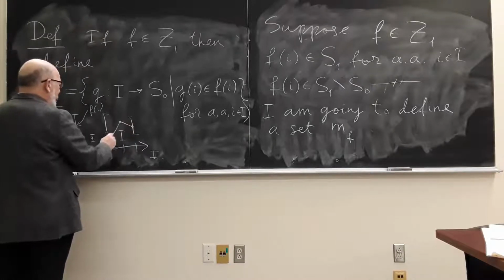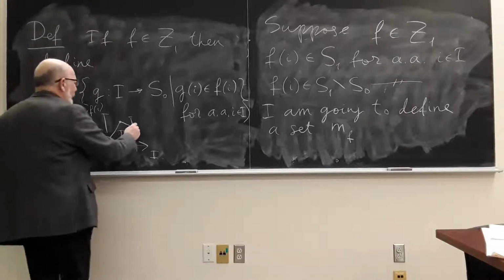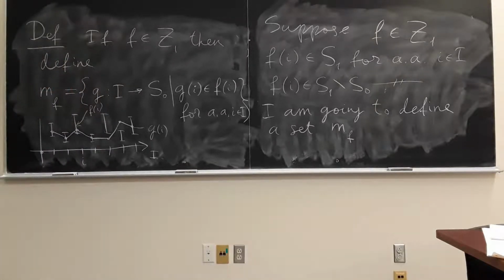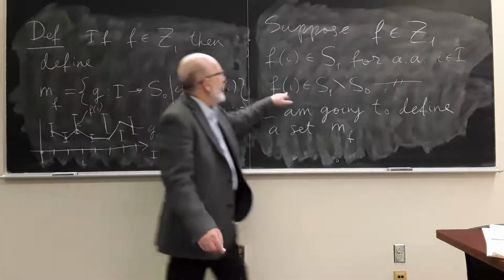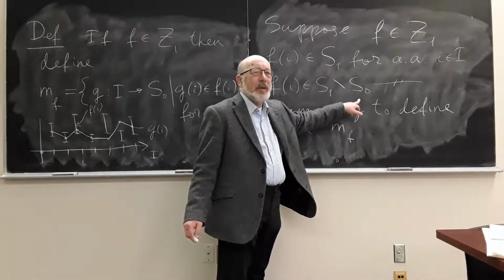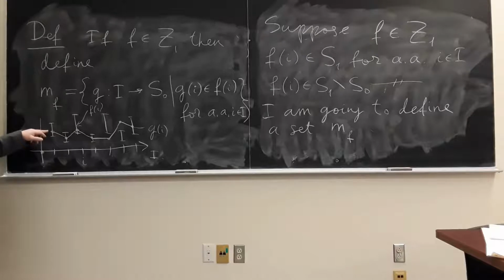This is a sort of graph of g. So f of i is, for almost all i, a set, not an element, in S. And g of i is an element which belongs to f of i for almost all i.